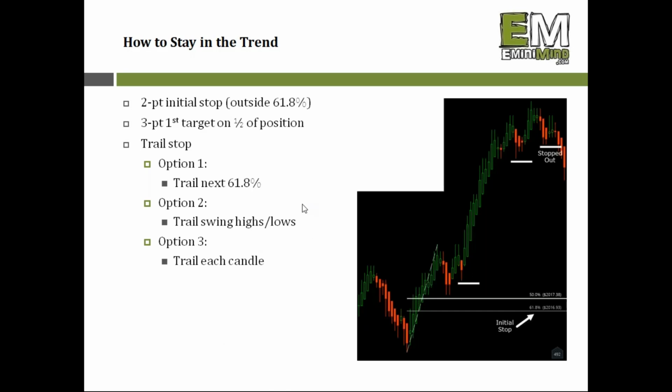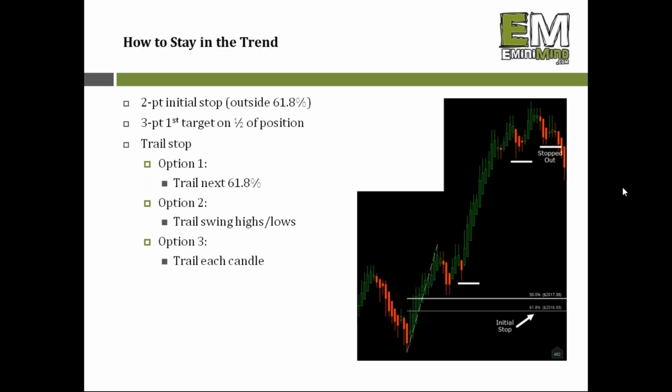So those are the 3 main approaches that I like to use for trailing, and that trailing of swing highs and swing lows is really the most effective way I've found. And if you pair that with a reasonable first target, something like 1.5 to 1 of a reward to risk ratio, 2-point stop, 3-point first target, you get the sort of quick win.